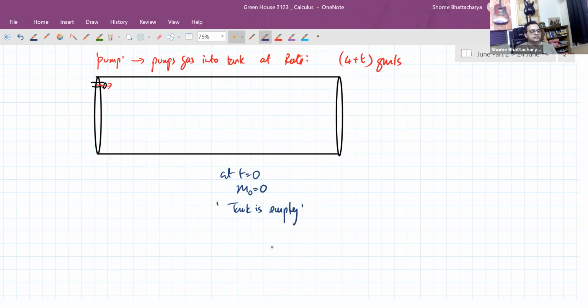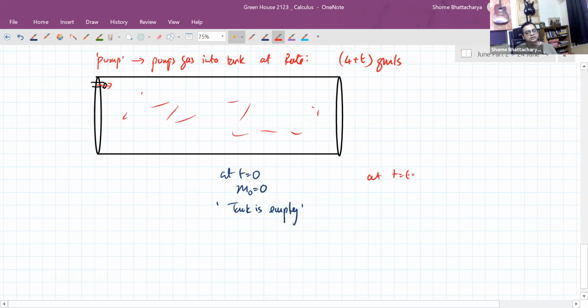So if I take the mass of gas in the tank after some time, at time t equal to t, if I take the mass of gas as m, this is what we call the instantaneous mass. Why instantaneous? Because it is changing with respect to time. So at that instant, it is some m.